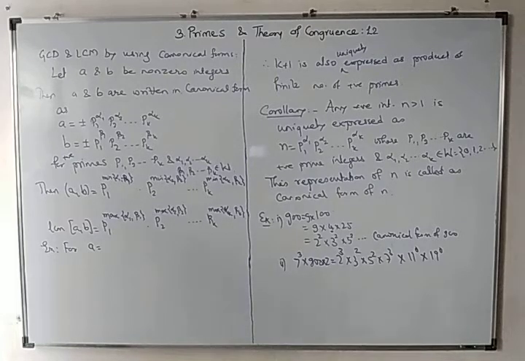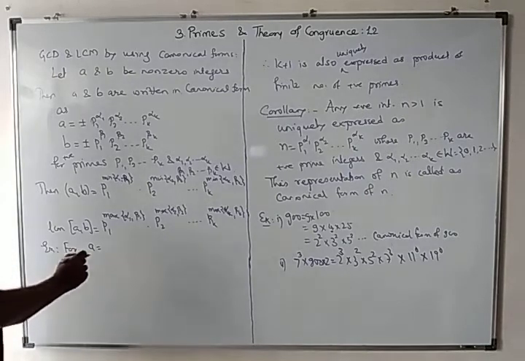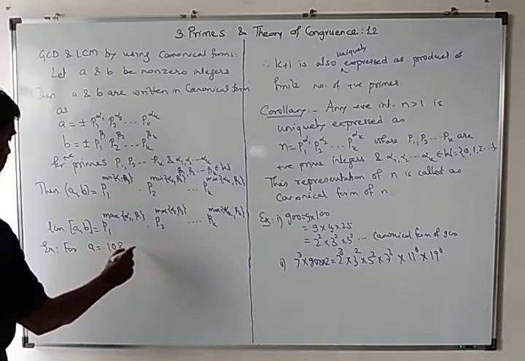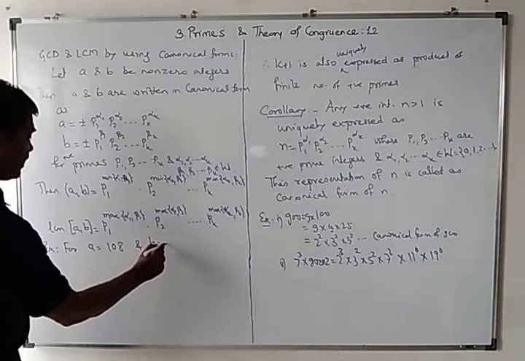We'll take an example from the exercise directly. A equal to 108 and B equal to minus 225.